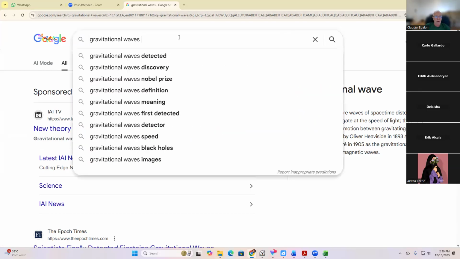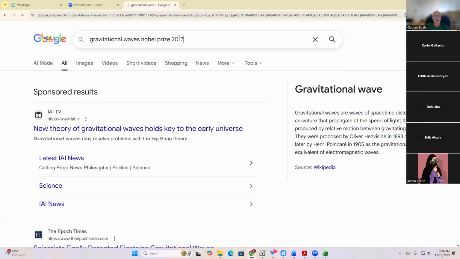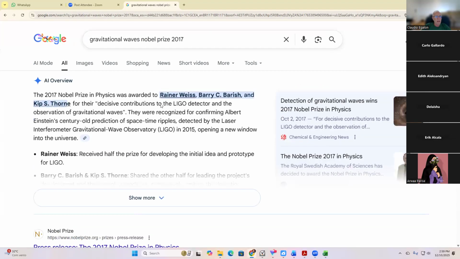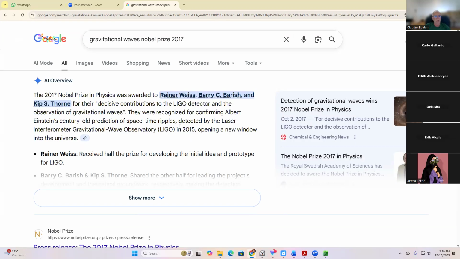Okay, gravitational wave. Let's take a look at the Nobel Prize. I believe that they won in 2017. See that? The 2017 Nobel Prize in Physics was awarded to Rainer Weiss, Barry Barish, and Kip Thorne for their decisive contributions to the LIGO detector. The LIGO detector is the huge experiment that they put together to detect gravitational waves.